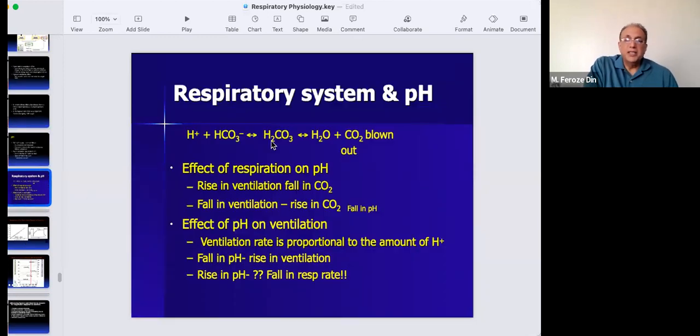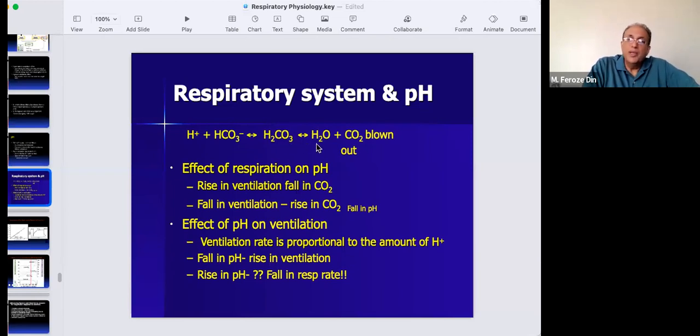This is the reaction that you have to keep in mind. Whenever you look at the pH and the respiratory system, remember to look at it from this perspective: you can look at it from either side. In the blood, there is H plus and bicarbonate, which is in equilibrium with the weak acid, carbonic acid.